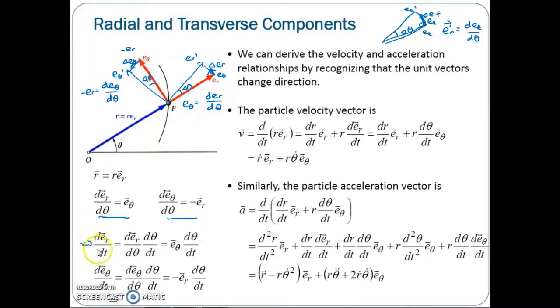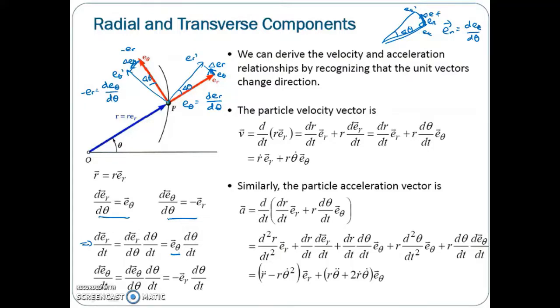So making use of these two relationships, we can determine the derivative of e_r with respect to t by applying the differentiation rules: de_r d theta, d theta dt, and we know that de_r d theta just now is e_theta, and d theta dt.